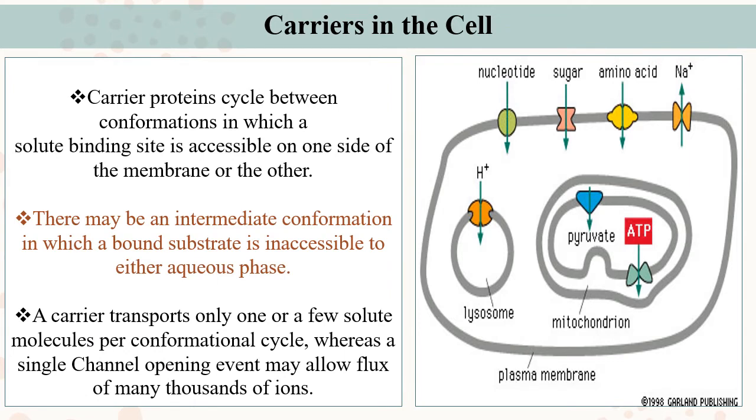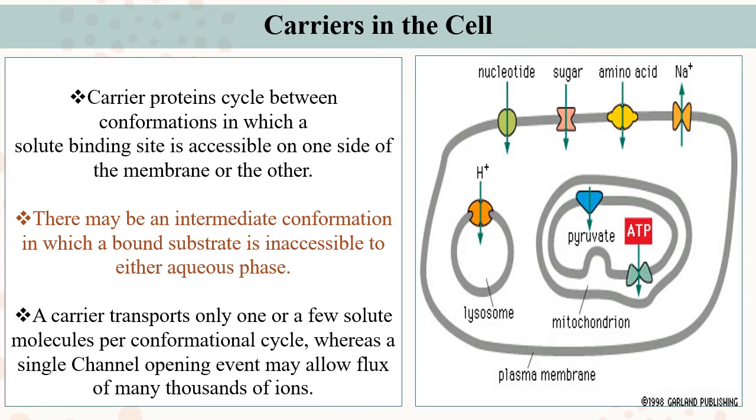Now, if you look at the picture, what can be said: these carrier proteins are very specific in nature. If we look at the plasma membrane in this diagram, we could see 4 different types of carrier proteins. Each carries a different type of molecule.